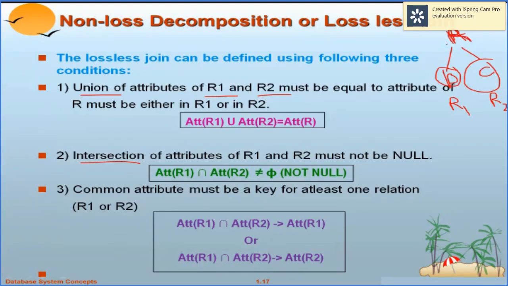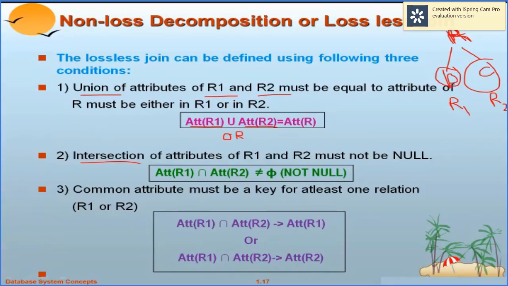So when R is decomposed into R1 and R2, and if you apply the union operator between the attributes of R1 and also the attributes of R2, what is this union operator going to do? It is going to act like an OR condition. That means it is going to pull out the attributes present either in table 1 or table 2.